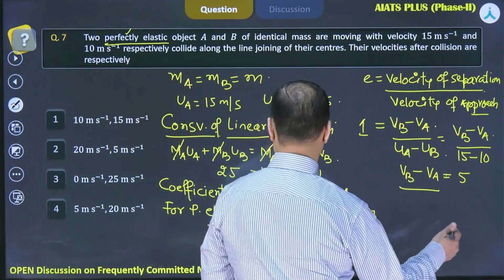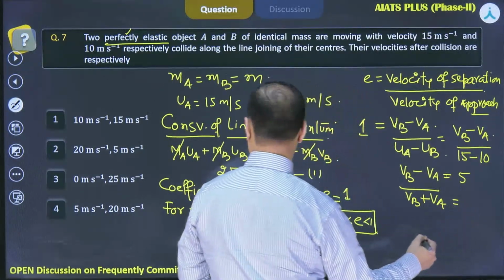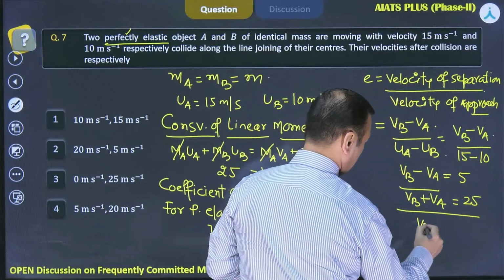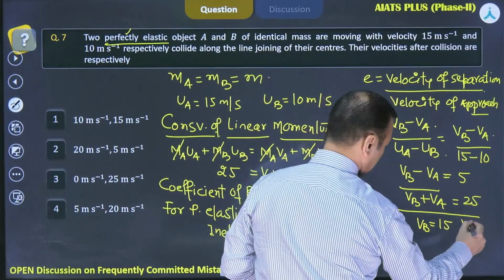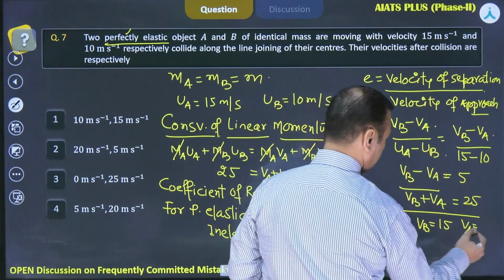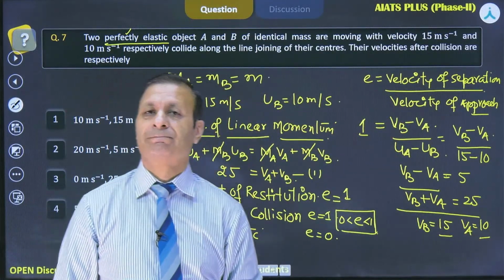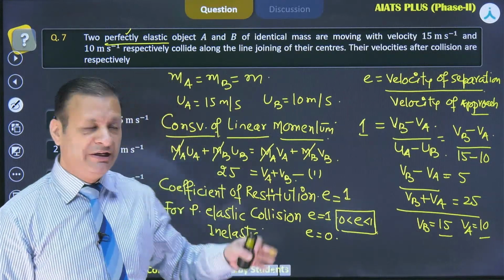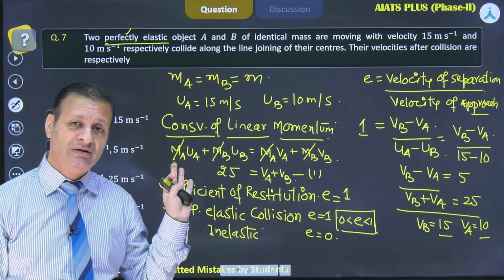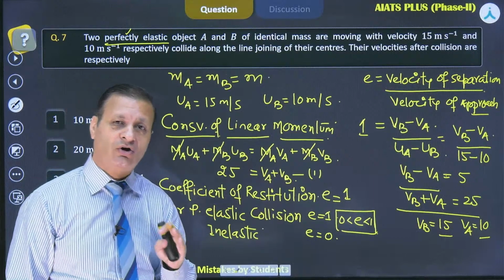So the second equation is VB minus VA equal to 5, and so VB becomes 15 and VA becomes 10 meter per second. So any doubt from this part, how we got it? This is one way of approaching this numerical. You got it or not?